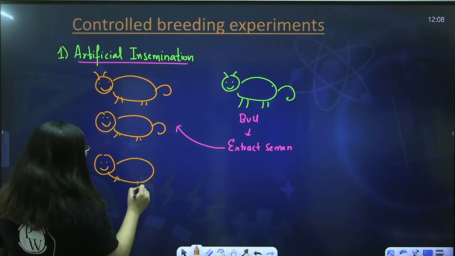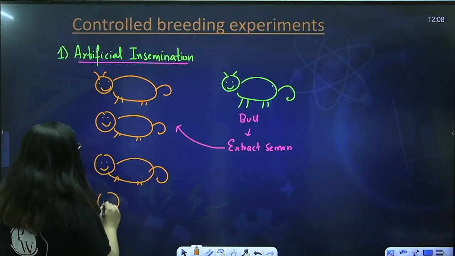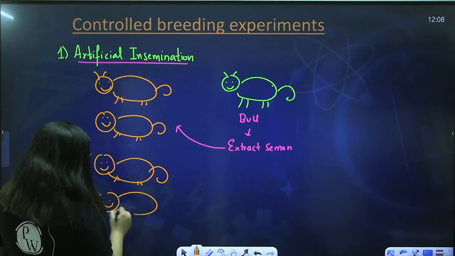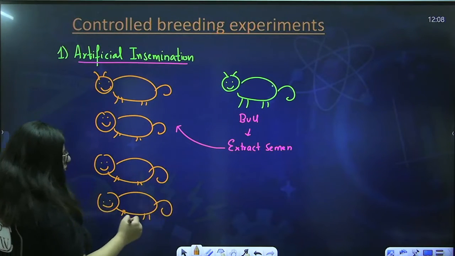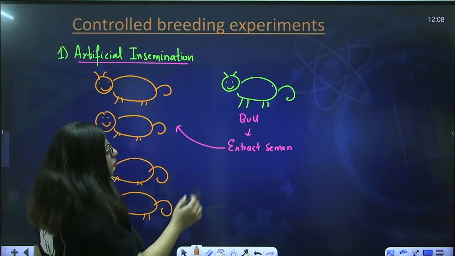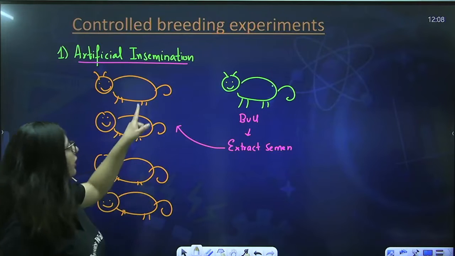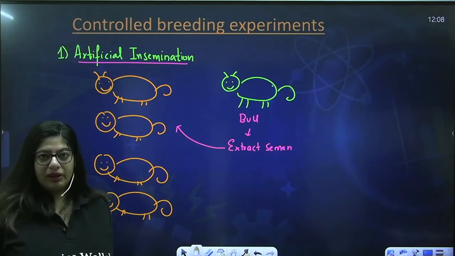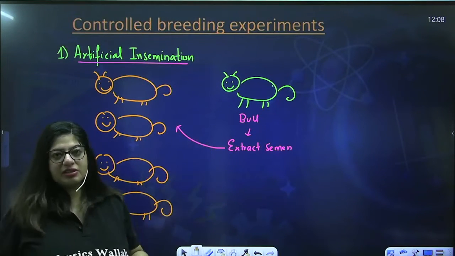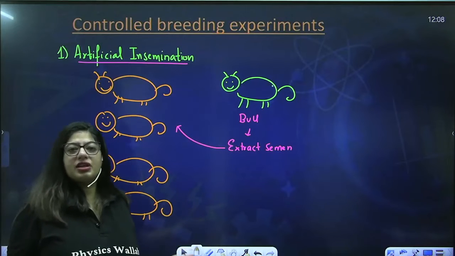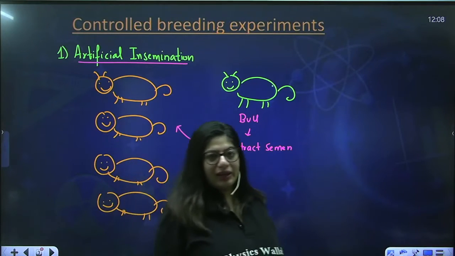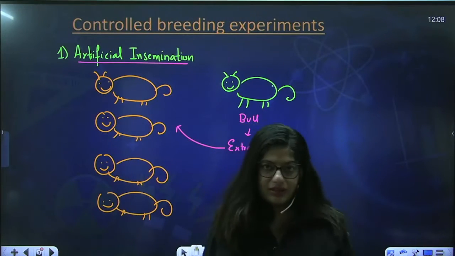I hope you all understand what insemination is. If you don't know, we also did this in the reproductive health chapter. We take the semen and put it artificially in the vagina of the female. Semen is a substance taken from the reproductive organs of the male, and it contains sperm.